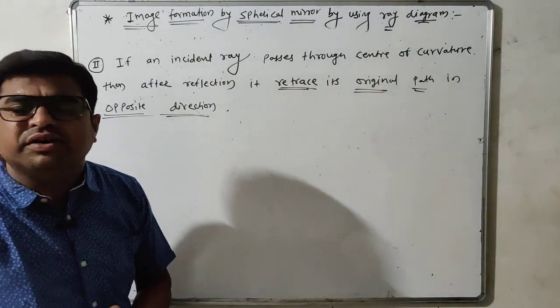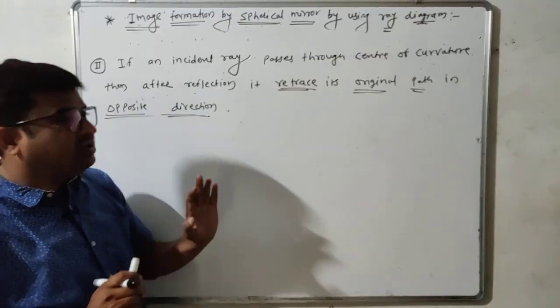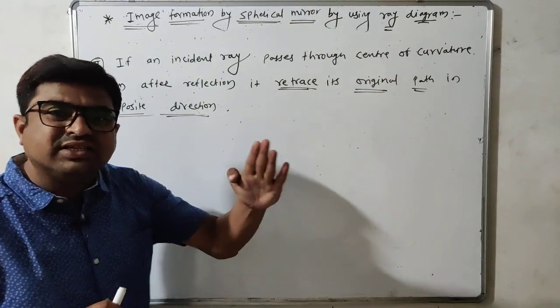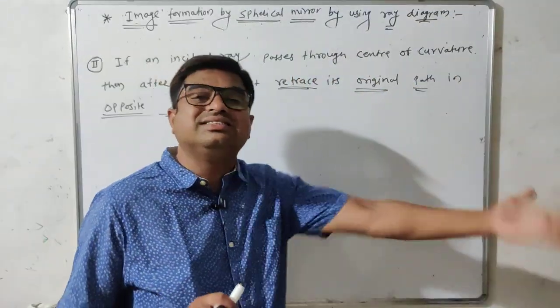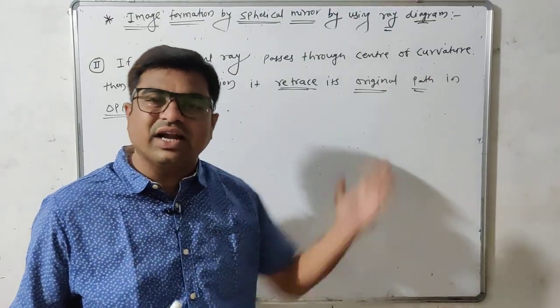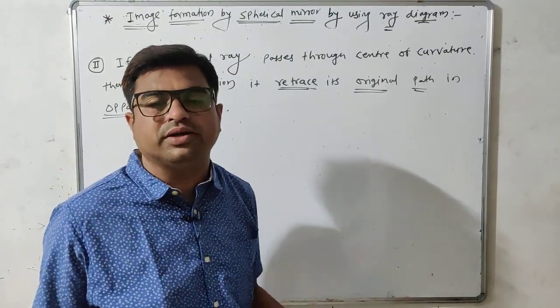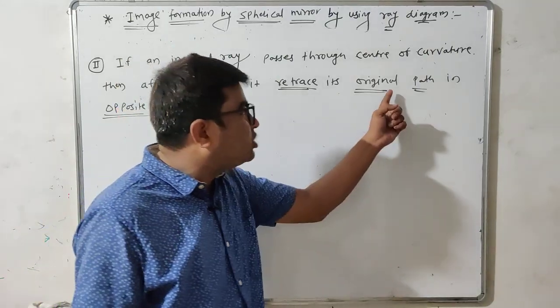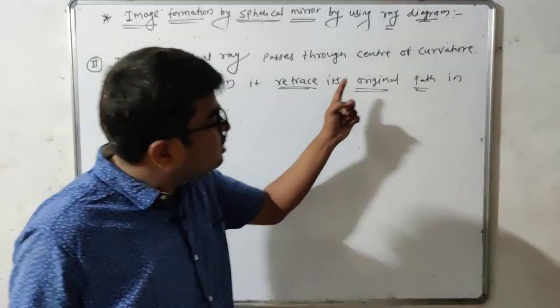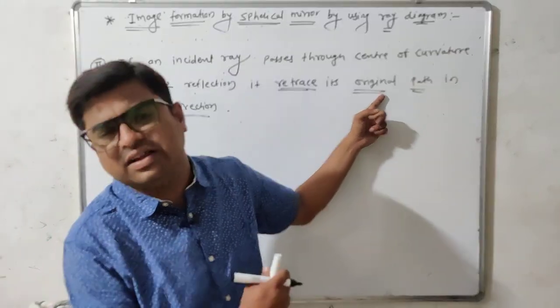Whenever an incident ray passes through the center of curvature and is incident on the reflecting surface of any spherical mirror, after reflection it will retrace its original path, but exactly in the opposite direction.